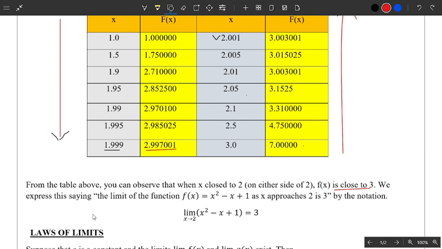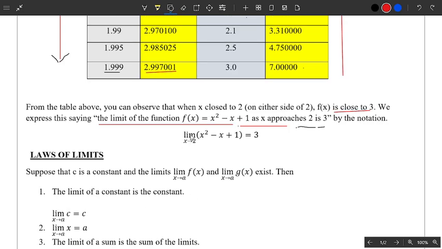So we express this by saying that the limit of the function as x approaches 2 is 3. By notation, we write it as the limit of the function as x approaches 2 is 3. All right, so that is the simple definition of the limit of a function.